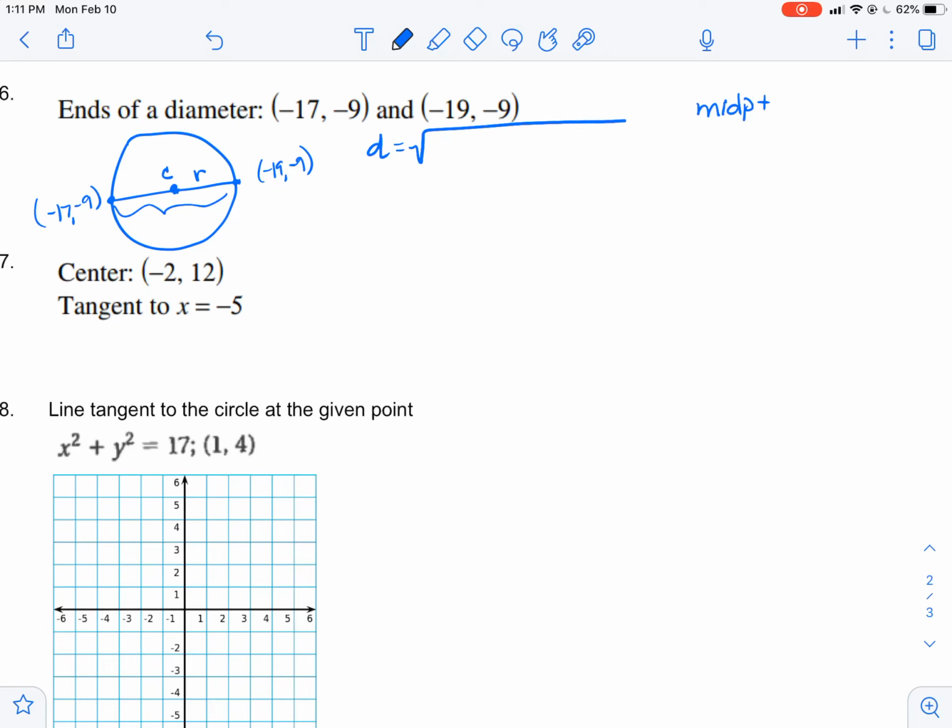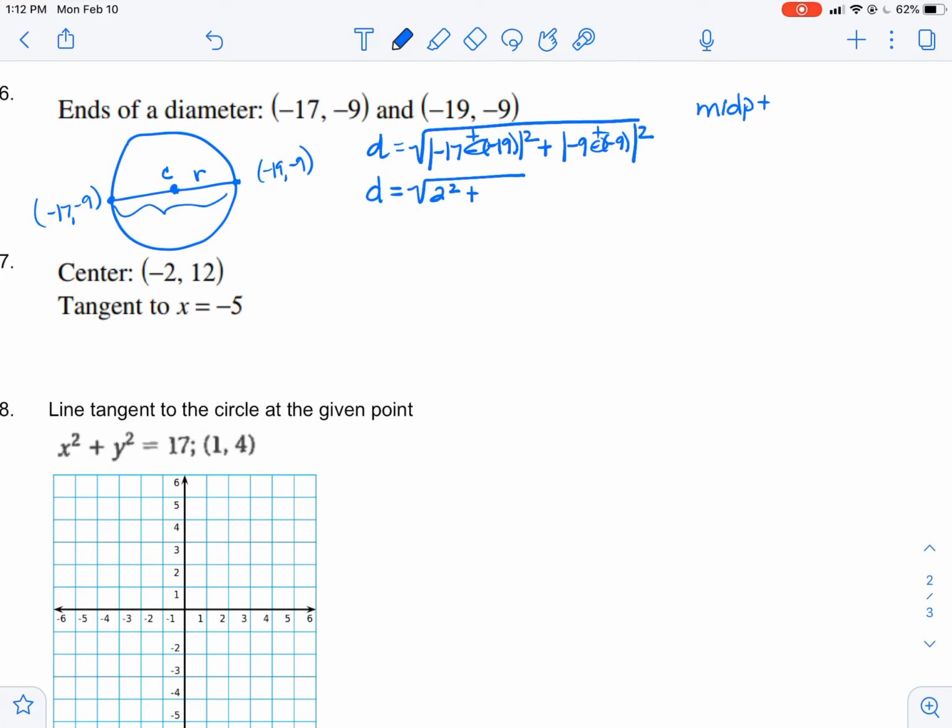So we're going to run our distance formula. So negative 17 minus a negative 19, squared, and a negative 9 minus a negative 9, squared. So let's simplify that. Double negatives, that's a plus. So negative 17 plus 19 would be 2 squared.